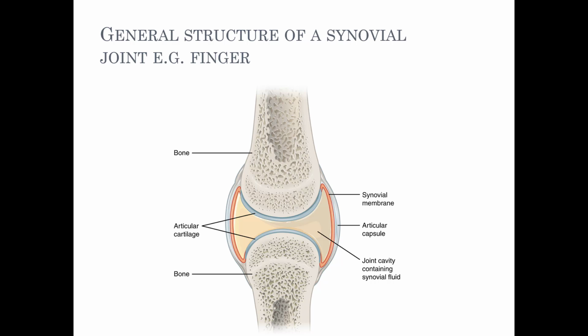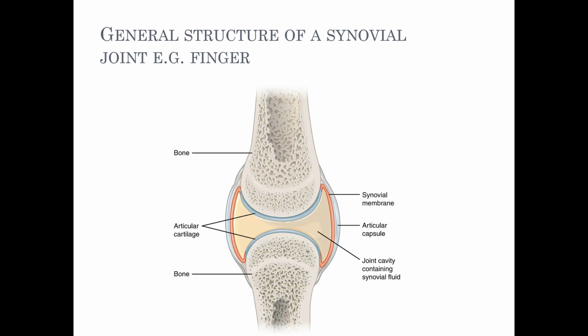We also have, so the bones don't actually touch one another. A space is maintained between the two bones, and that space is maintained by membranes. So you can see that there's what's called a synovial membrane. There's also the articular capsule, which is a connective tissue which holds the two bones in place near one another.